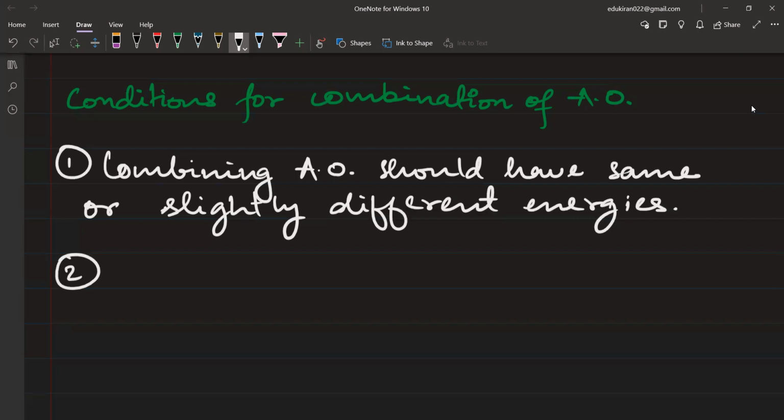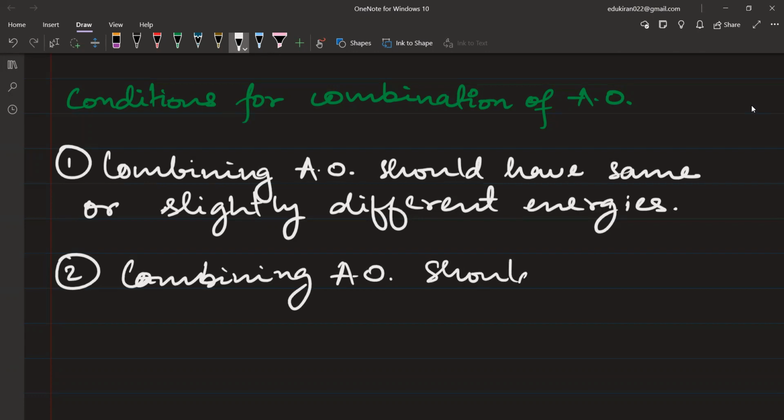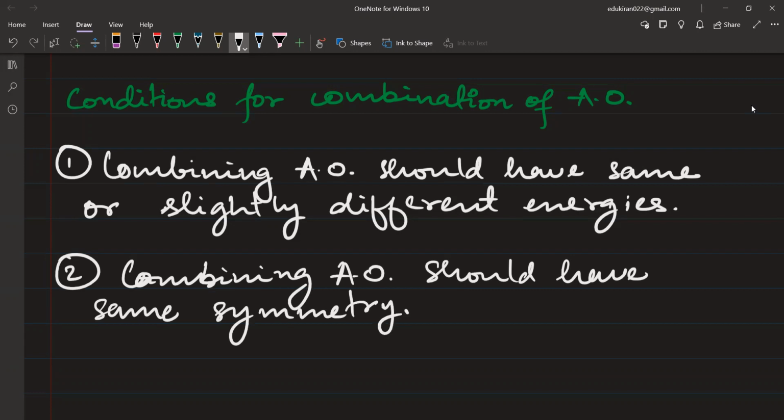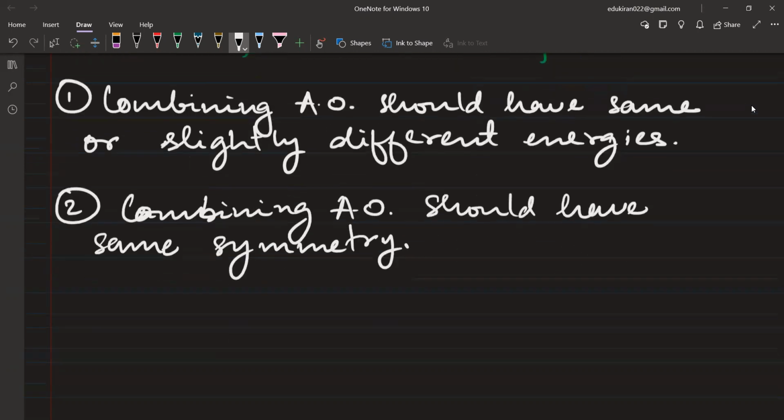Okay, next, the combining AOs should have the same symmetry. They should have the same symmetry.